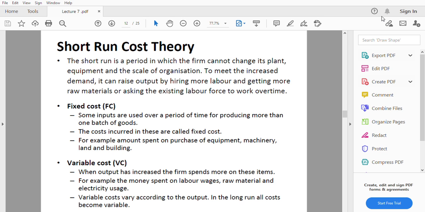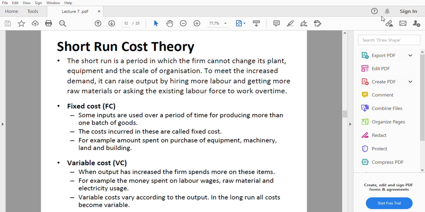So in the short run, there are two types of costs. We have the fixed cost and we have the variable cost. Some inputs are used over a period of time for producing more than one batch of goods. In the short run, instead of getting an extra machine, which you cannot do, you produce your goods in batches.